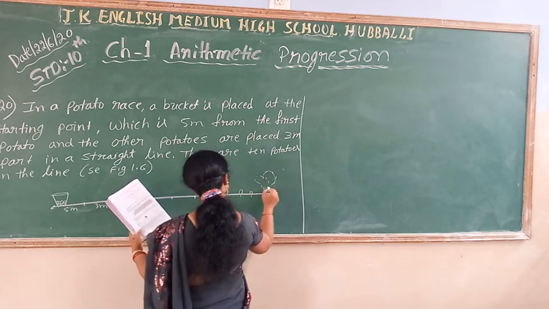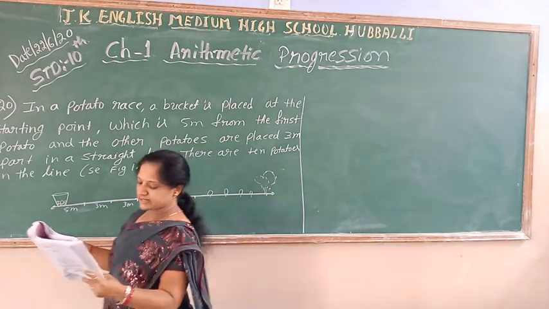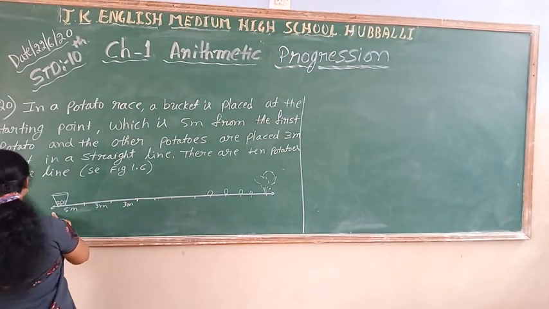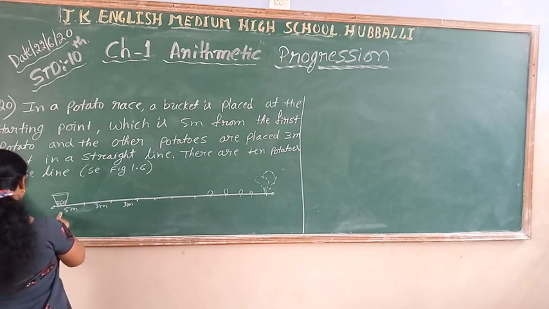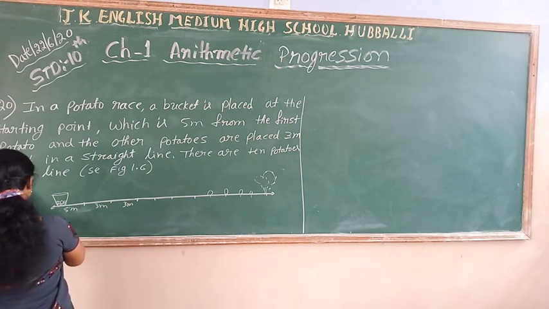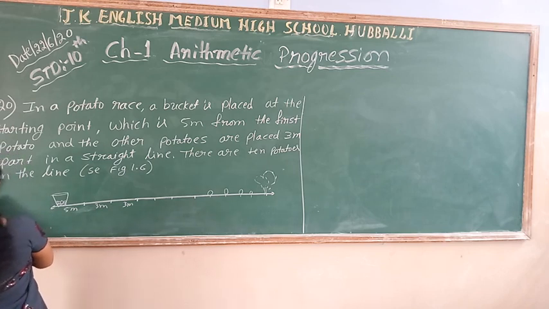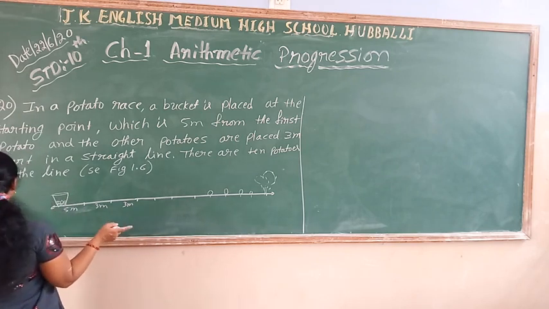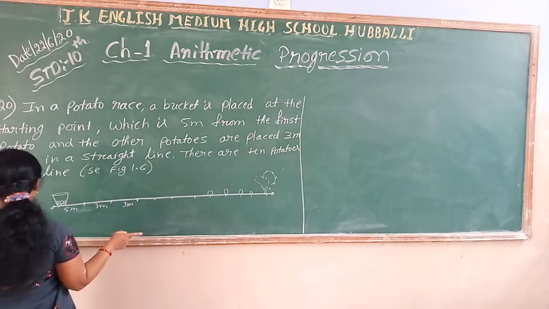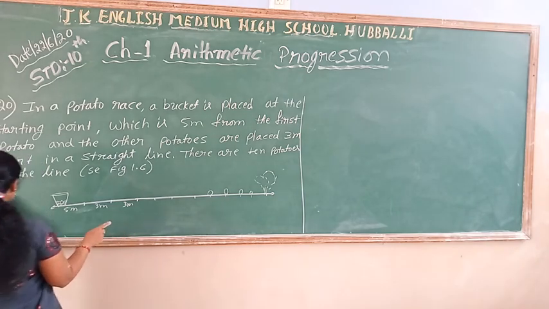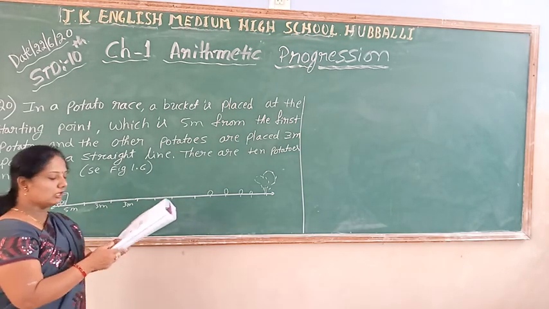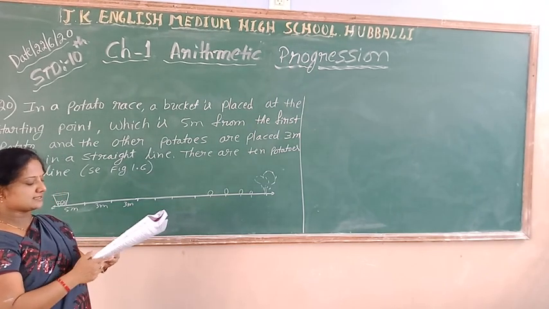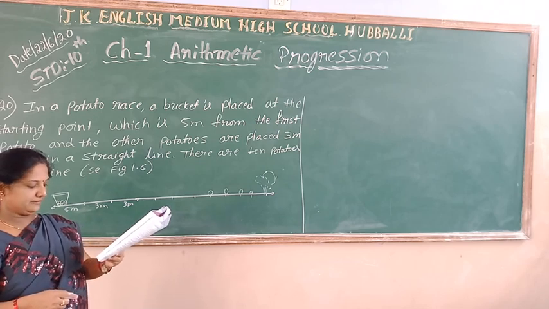A competitor starts from the bucket, picks up the nearest potato, runs back with it, and drops it in the bucket. Then she runs back to pick up the next potato, runs with it to drop it in the bucket. And she continues in the same way until all the potatoes are in the bucket. What is the total distance the competitor has to run?